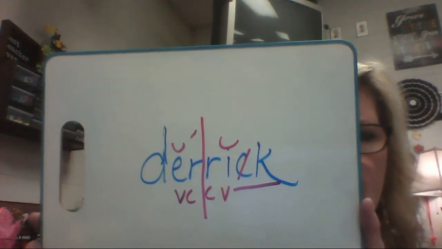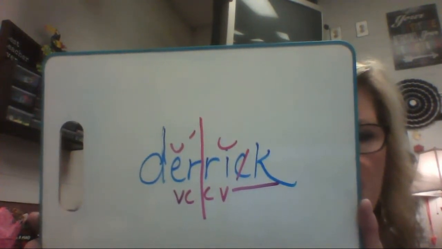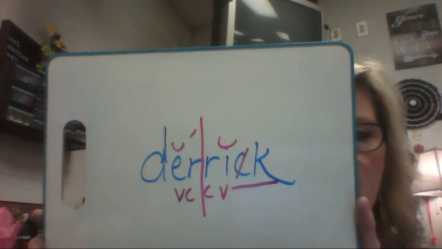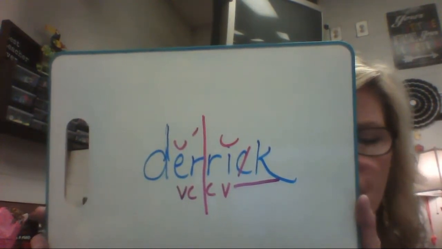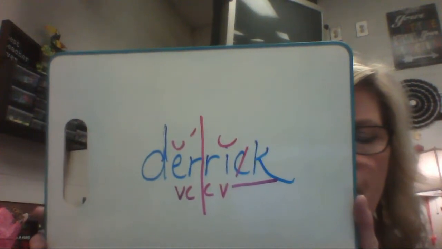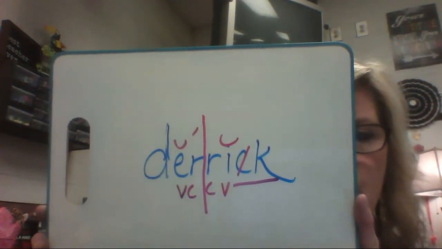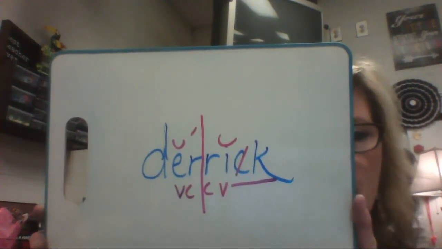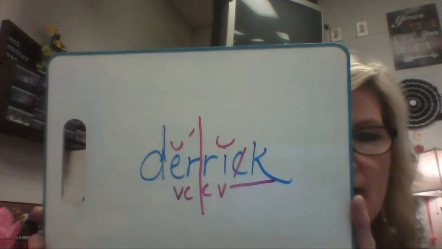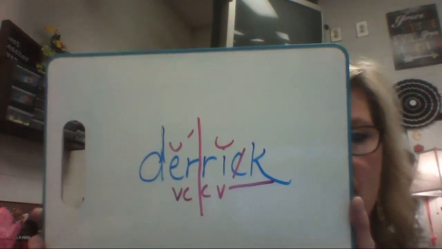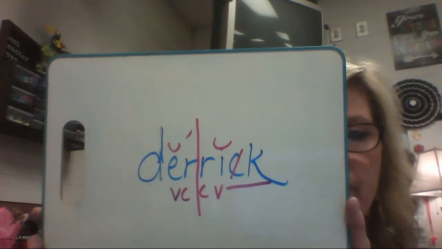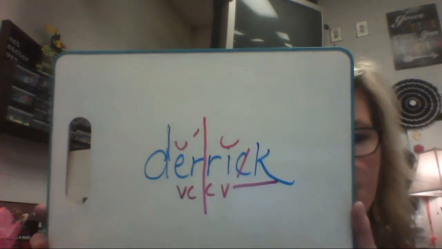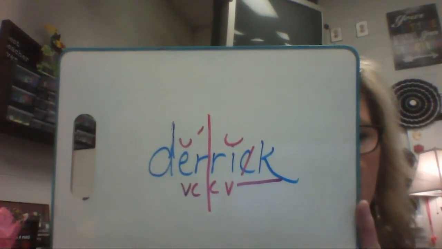So it won't be counted as a combination ER, and it's also followed by another consonant, another R. Look at the second syllable. It has a short I sound, so we put a breve there. We underlined the CK, and we crossed out the C because we only hear the K. Okay? All right, we're going to practice a few more.